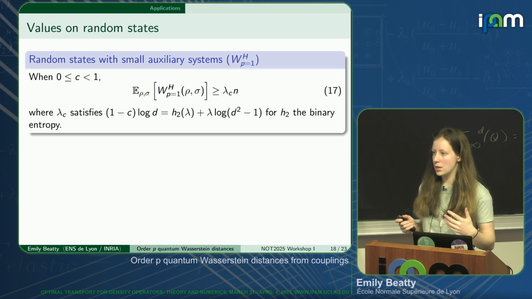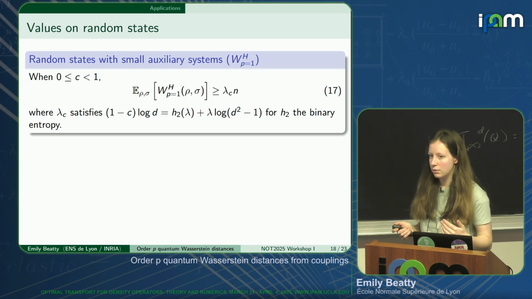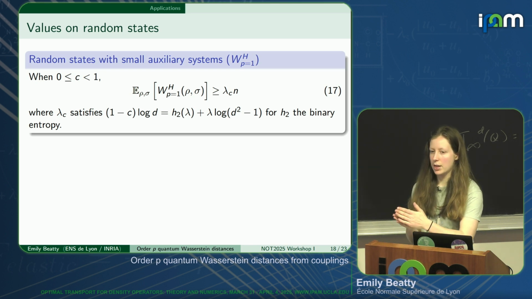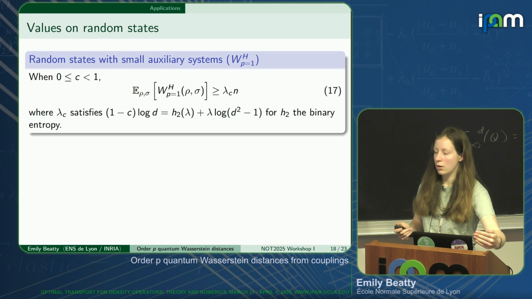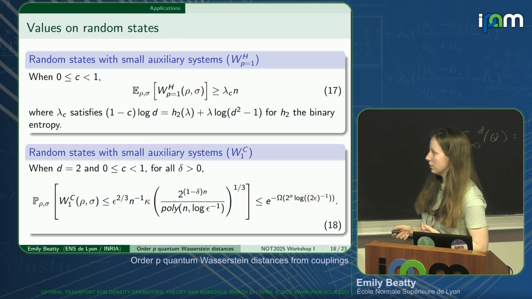This distance itself has a diameter of n, and so it grows linearly in the number of qubits. It mimics the maximal order of this distance for small auxiliary systems. And you get basically the same behavior for the complexity geometry as well.